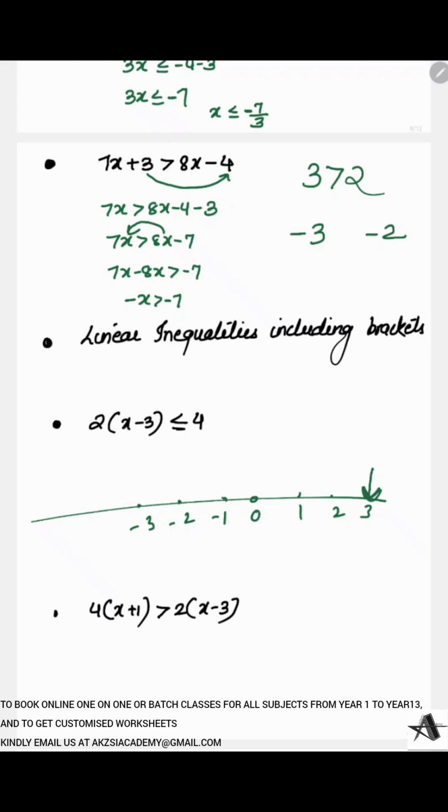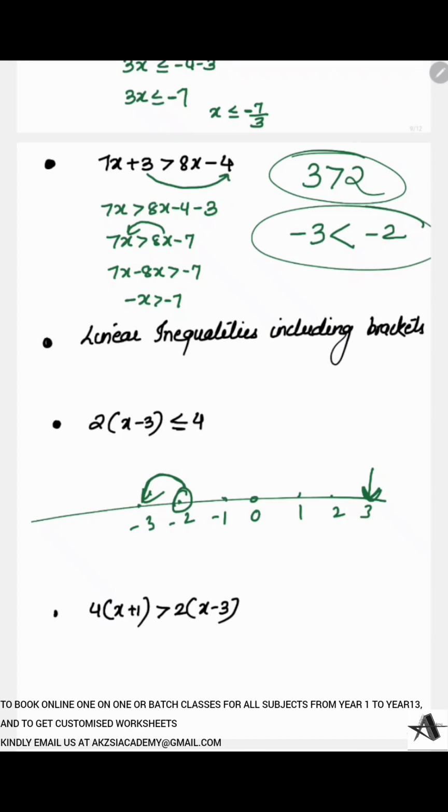But when you multiply both sides by a negative sign, it will become negative 3 and negative 2. And on the number line, we know that negative 2 is greater than negative 3, because as you keep moving towards the left side, you get smaller and smaller numbers. That means negative 3 is smaller than negative 2. So it should be like this, and clearly the inequality has changed.